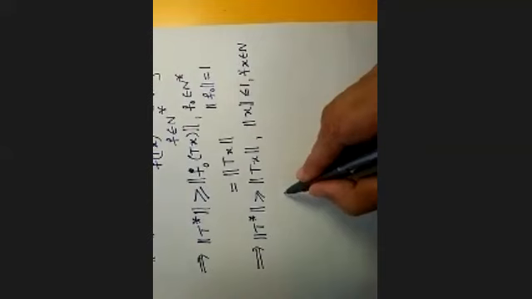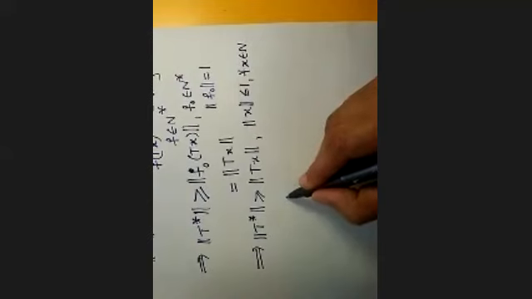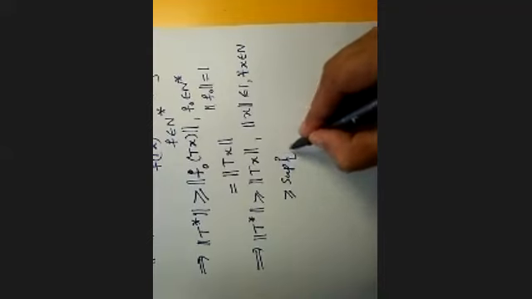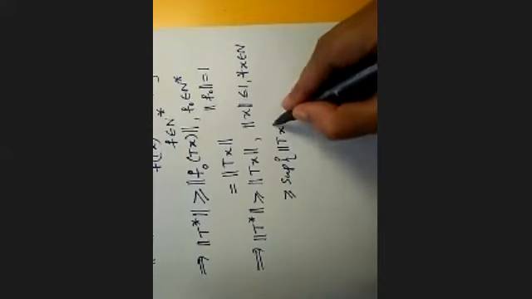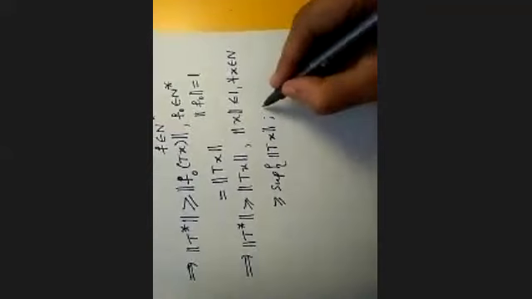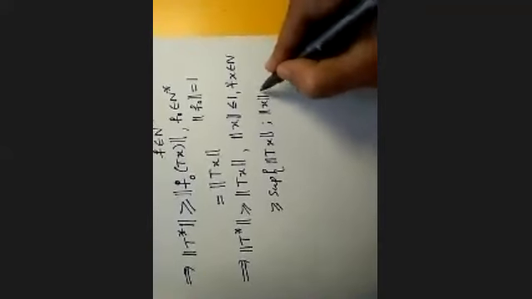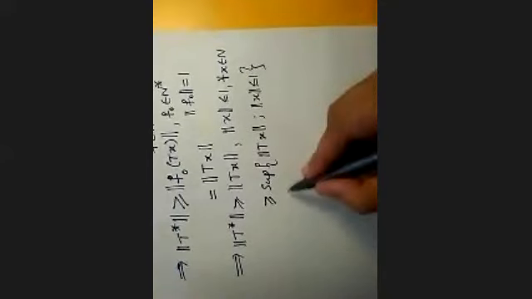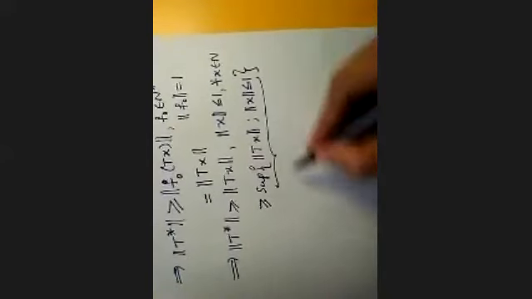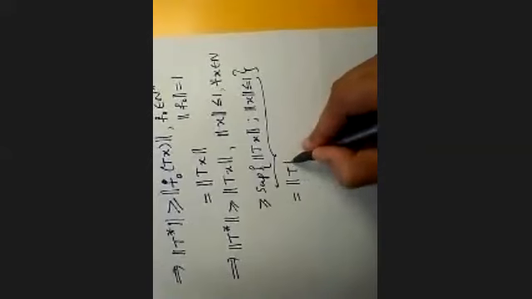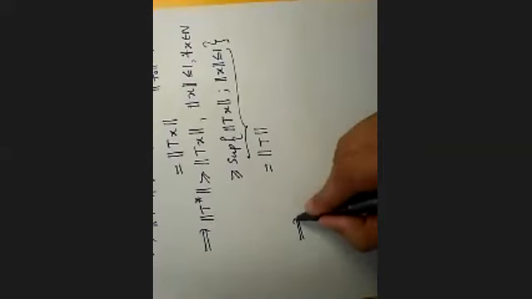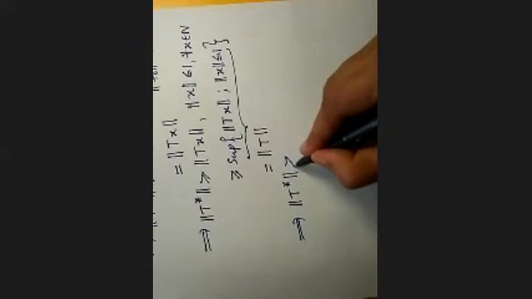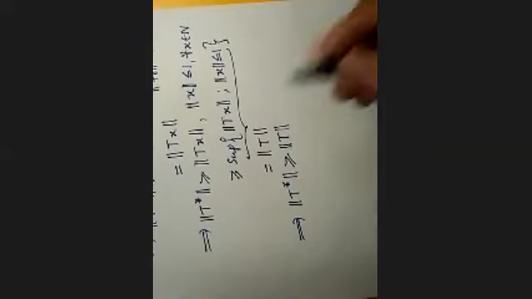So this also will be greater than or equal to the supremum such that norm x is less than or equal to 1. Okay, and this is nothing but the definition of norm T. So therefore, LHS norm T star is greater than or equal to norm T.